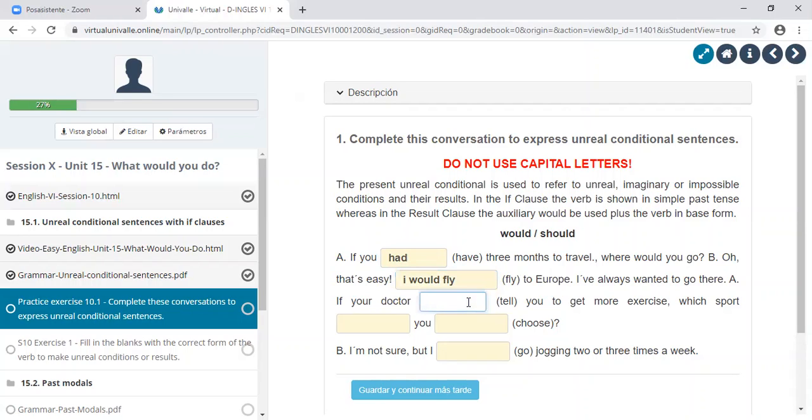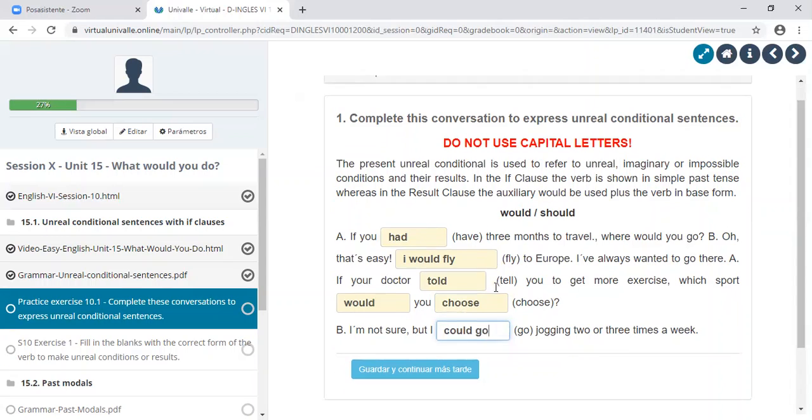If your doctor told you to get more exercise, which sport would you choose? Okay. I'm not sure, but I could go jogging 2 or 3 times a week.